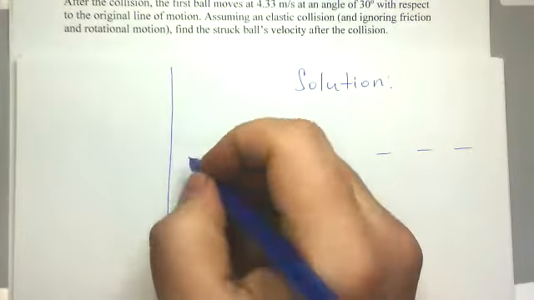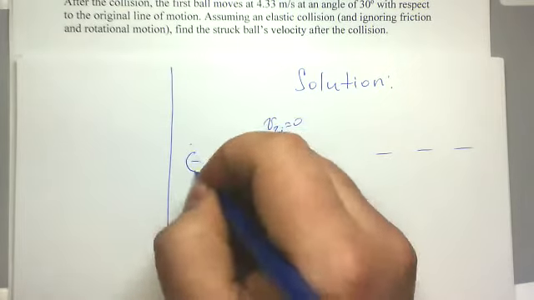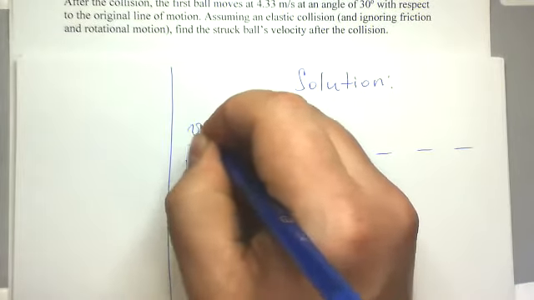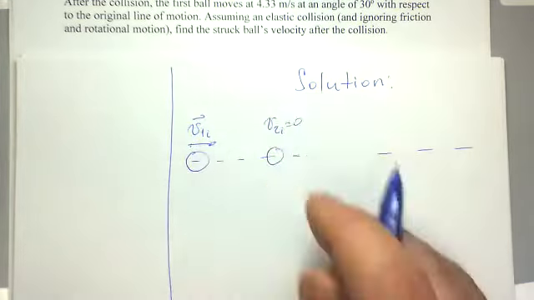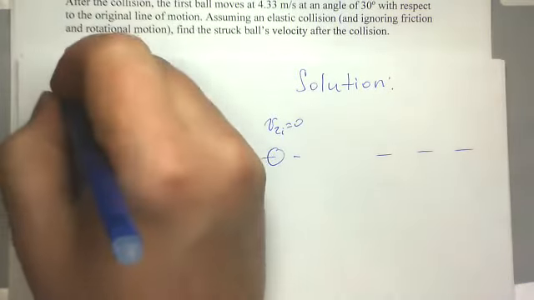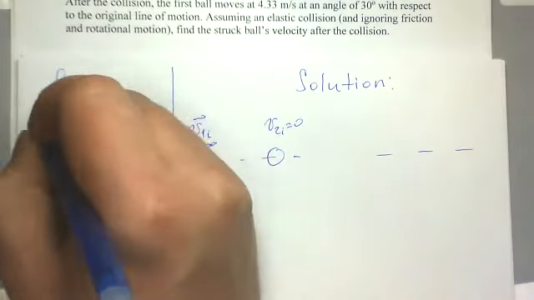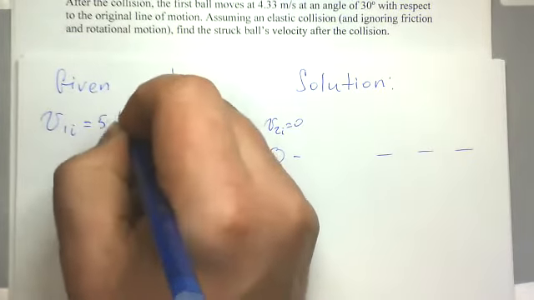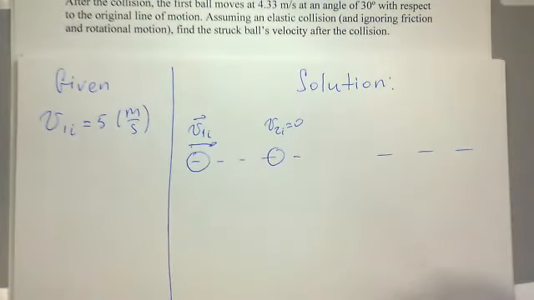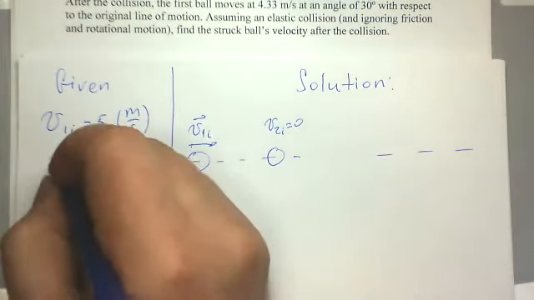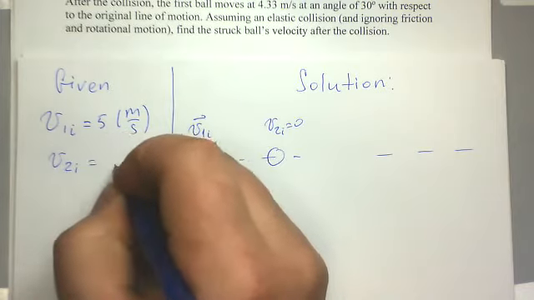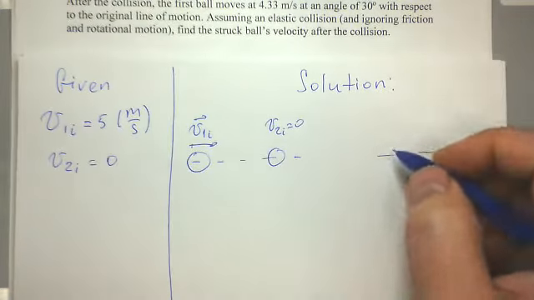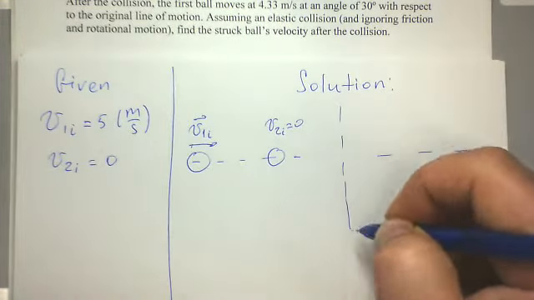The initial speed of the first ball was v1 initial, and it is given. The absolute value of v1 initial is 5 meters per second. And initially the speed of the second ball is 0. It was at rest.